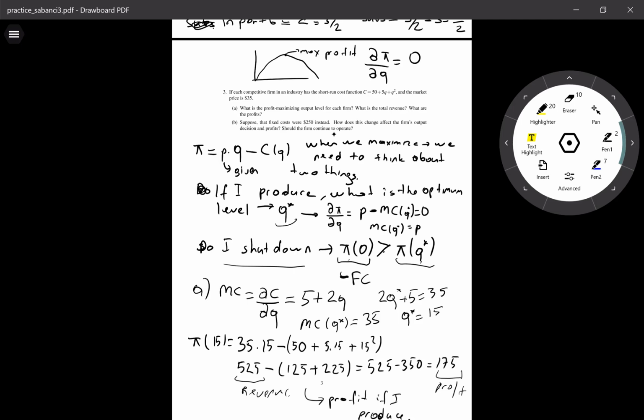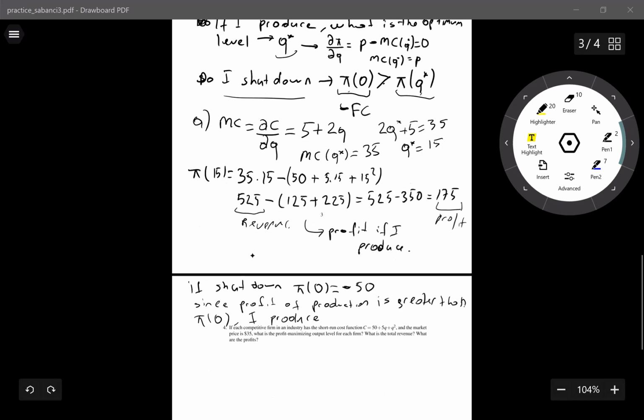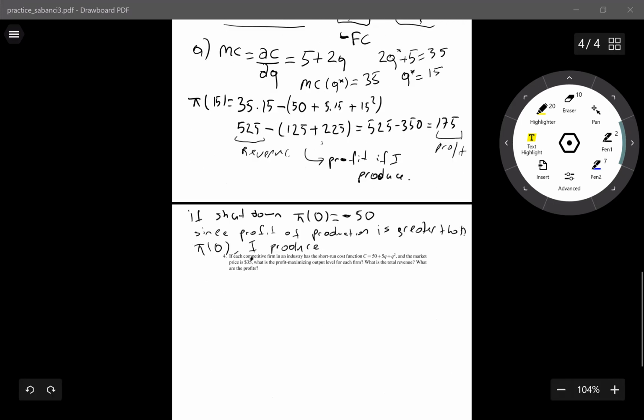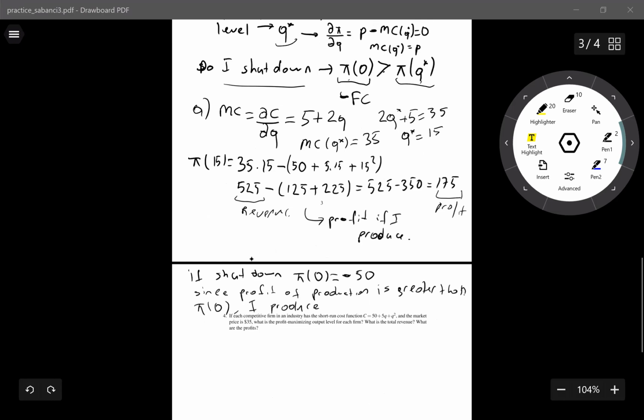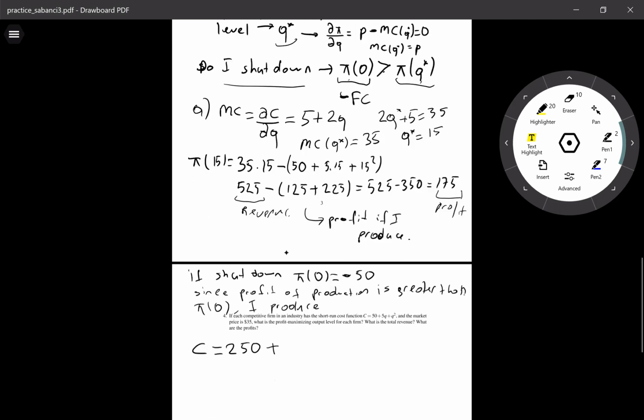We need to write that number instead of 50 in the cost function. So our cost function is now 250 plus 5Q plus Q squared. That is the change in the cost function.